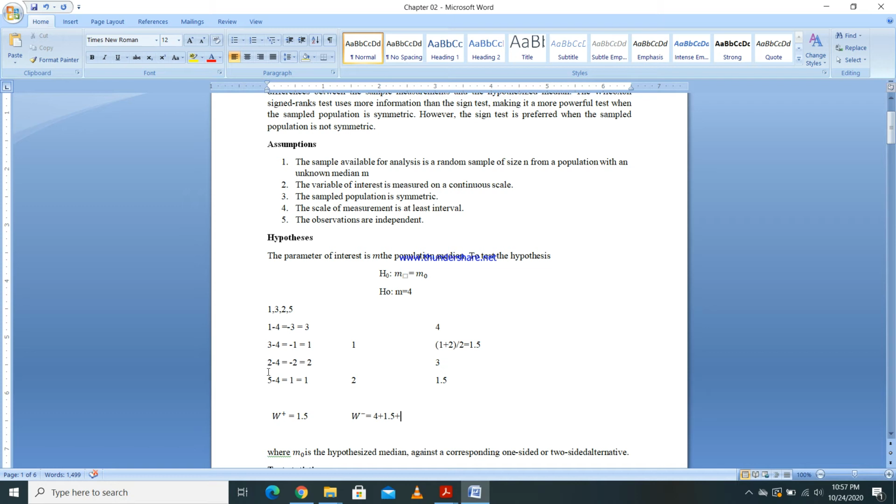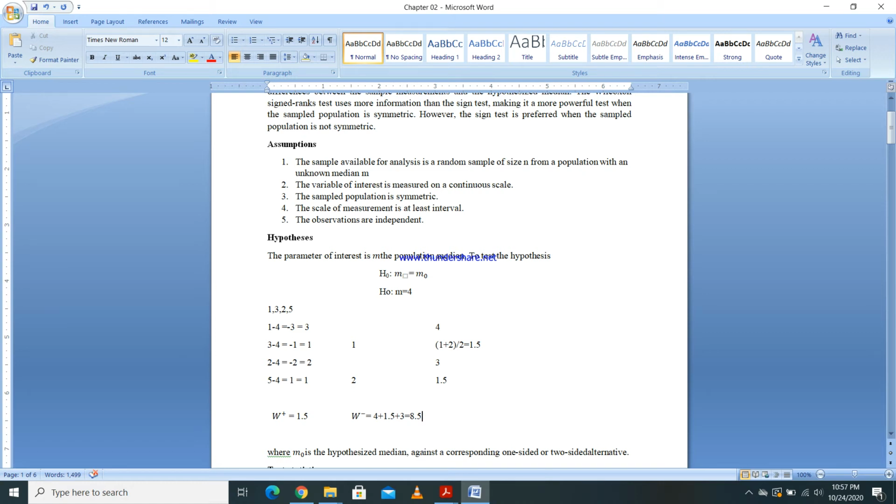And again here you have a negative difference, and the rank is 3, so you take plus 3. Likewise, you take the summation of the ranks of the negative differences, denoted by W minus, which in this case is equal to 8.5. So likewise, you can calculate W plus and W minus in order to calculate our test statistic.